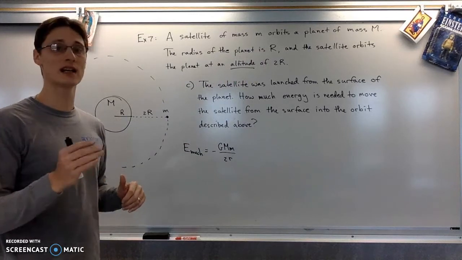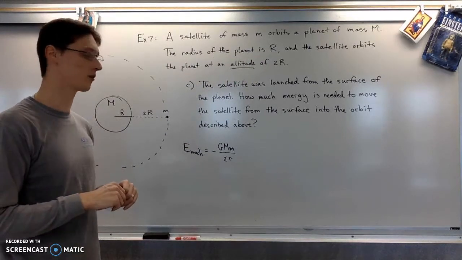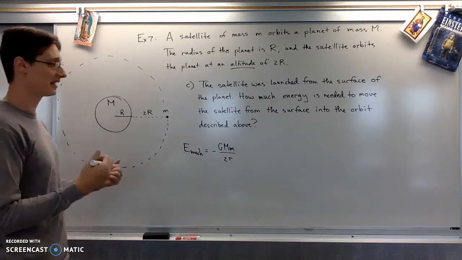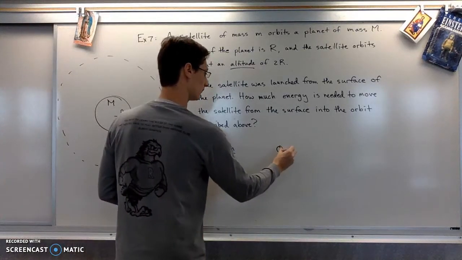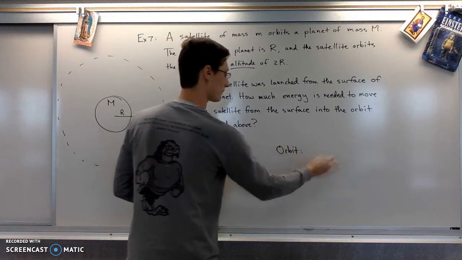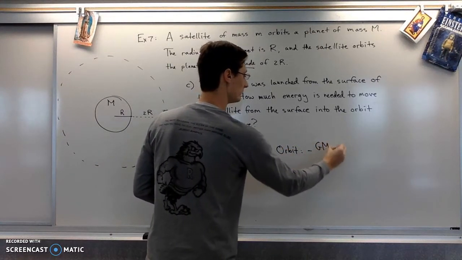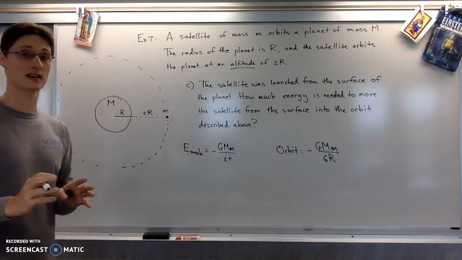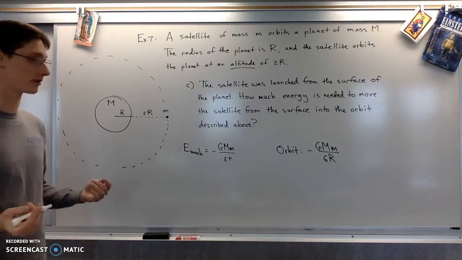So if it's negative anything, then it's in some kind of an orbit. The energy that it had in orbit was, from part B, negative GMm over 6R. That was the mechanical energy of the orbit.